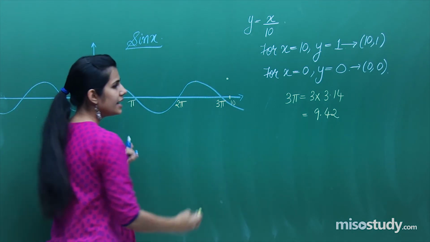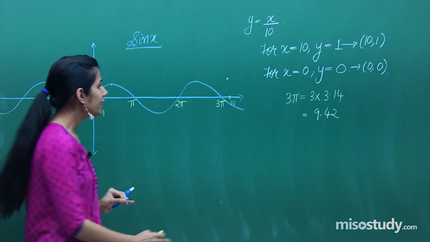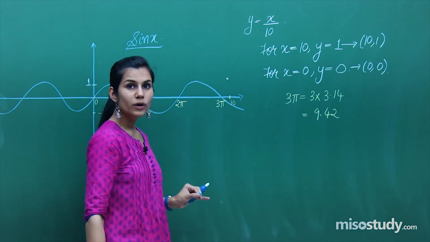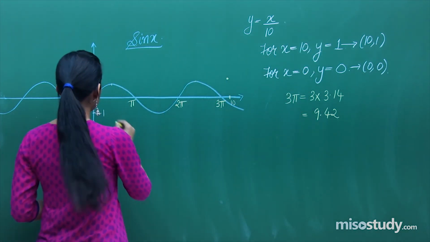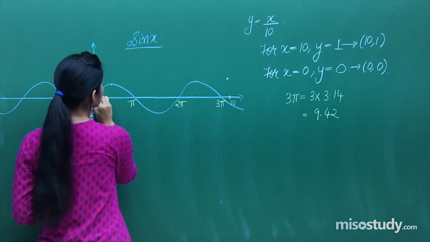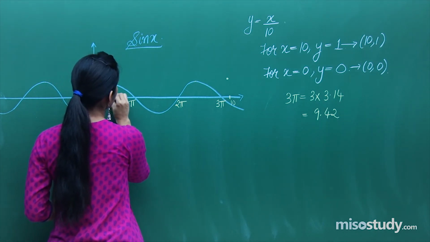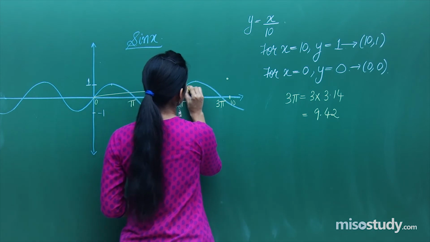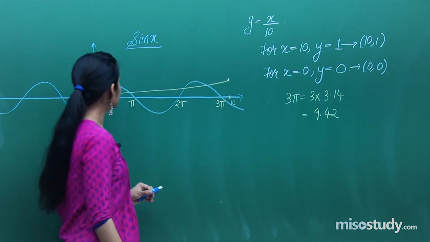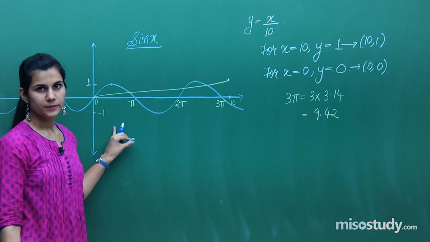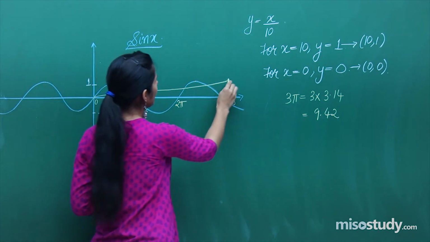From 0 to 10, x by 10 will always be less than 1. At 10, it will be equal to 1. Beyond 10, it will be greater than 1. And so, you are going to get such an answer. This is what happens to be the graph.